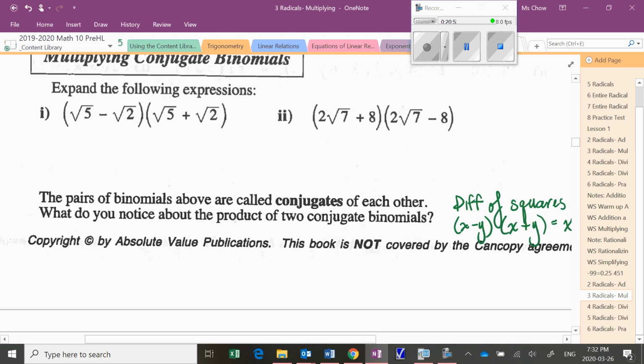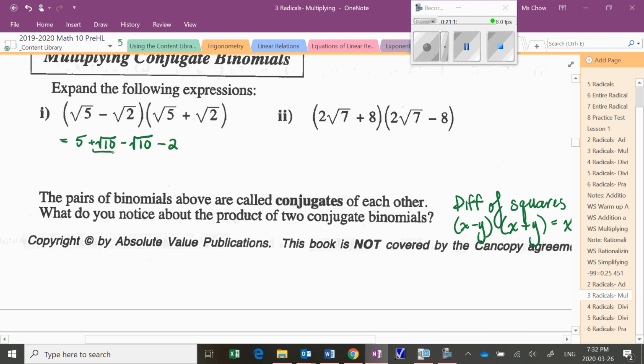So root 5 minus root 2, times root 5 plus root 2, again we can do FOIL or we can do that box method. So root 5 times root 5 is simply 5, and then that outside is going to be plus root 10, the inside is minus root 10, and then the last is minus root 2 times root 2, which is just minus 2.